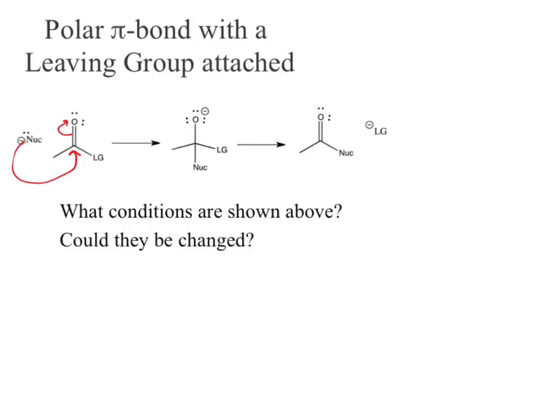This forms this special intermediate, which carries a very particular name. What is different about it in comparison to either the product or the reactant? Yes, it's charged. Keep going. What else is different? It has a potentially chiral atom.